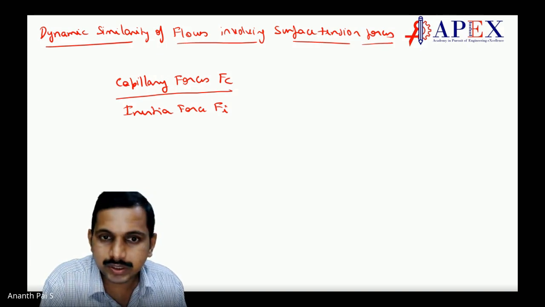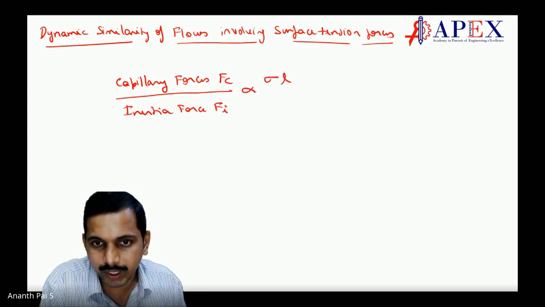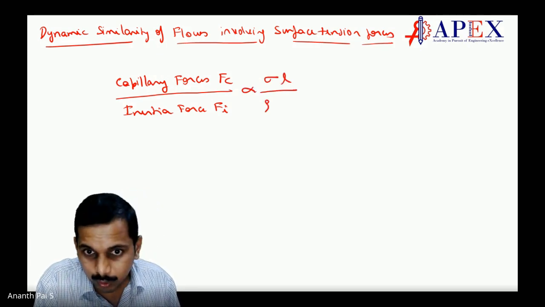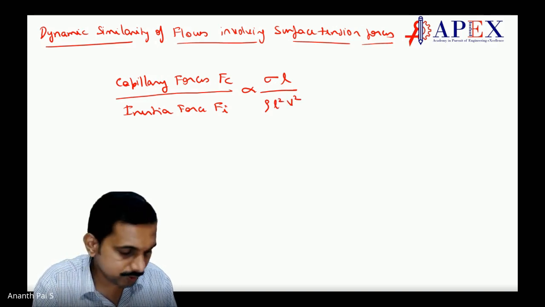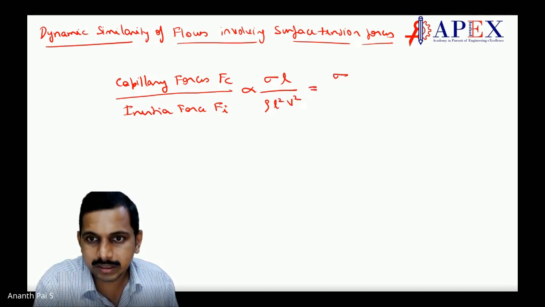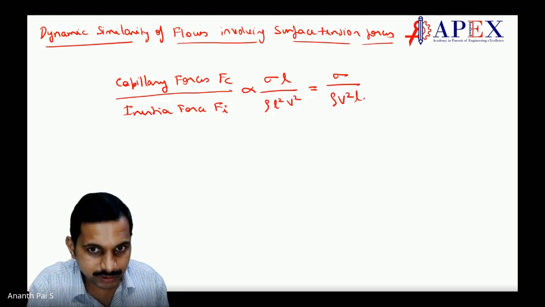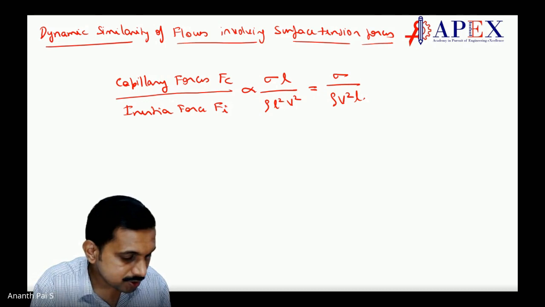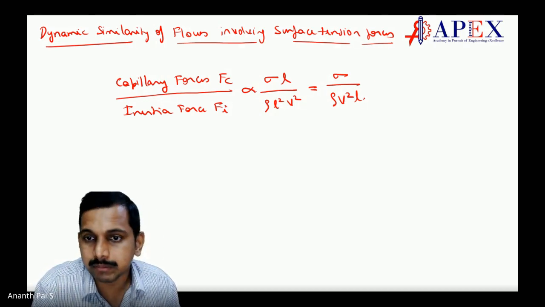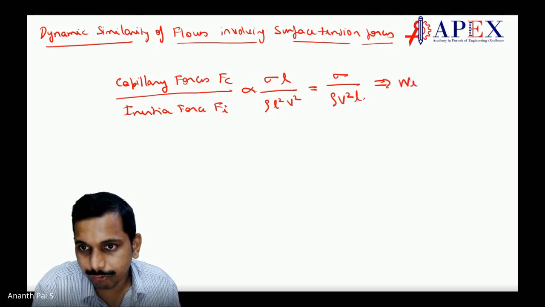So this is proportional to sigma into L divided by rho L square V square. This is equal to sigma by rho V square L. Correct. So this one is called the Weber number. This directly is called the Weber number.